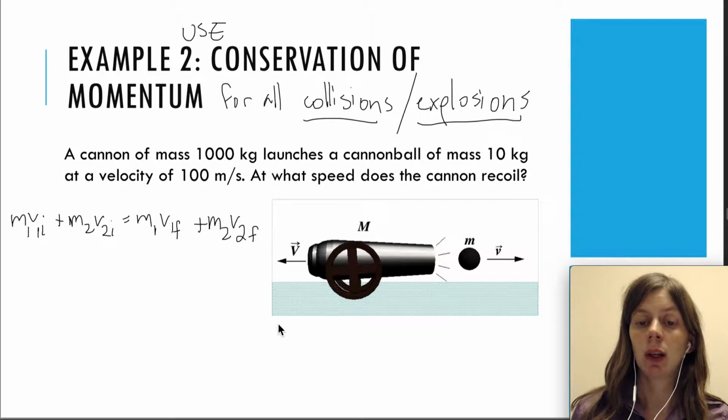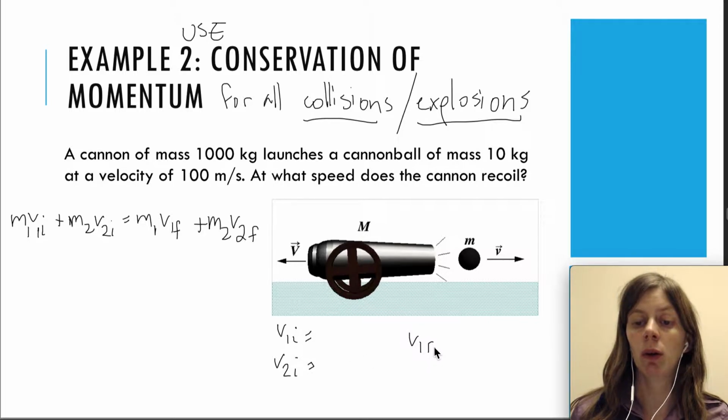So I always start by writing down v1 initial, v2 initial, v1 final, and v2 final, and the masses as well, so let's put m1 and m2. I write that down so that I can define each one and keep track of them.